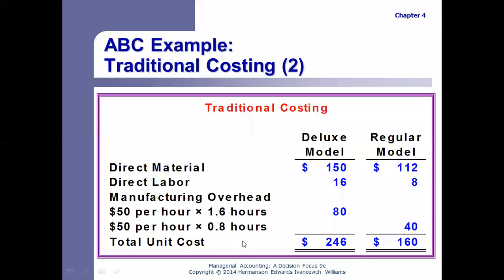Notice, to go back, that we have one predetermined overhead rate, this 50 bucks an hour. We use that for the whole process, for everything. Again, this traditional costing or job costing, we use just a single predetermined overhead rate.